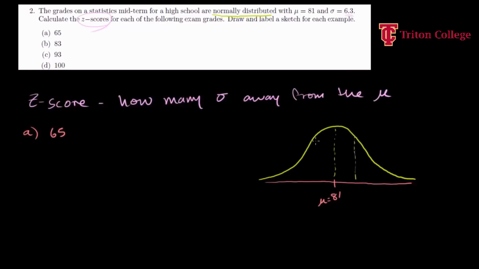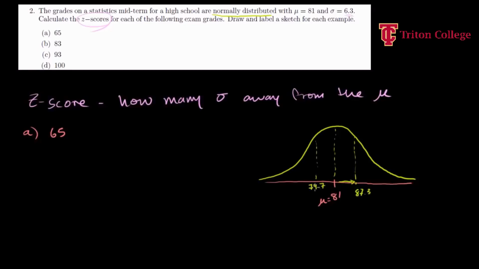And let me put in my standard deviation lines. These are approximately 6.3 for a single deviation from the mean. So that would be, if we're looking at a specific number, 87.3 as one standard deviation above the mean. And if I look at a standard deviation below the mean, I'll just take 6.3 and subtract it from 81.